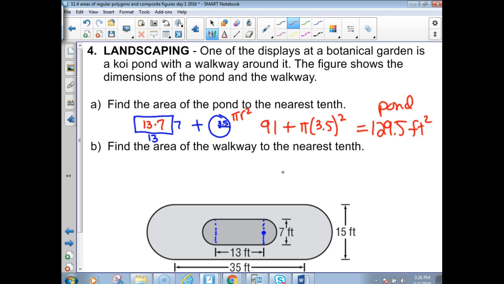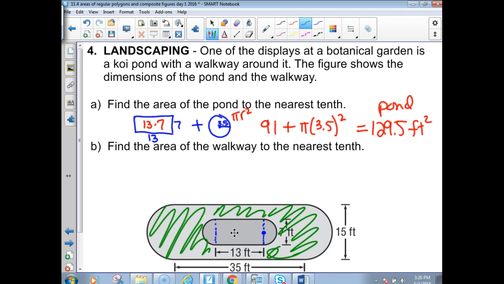Now, the area of the walkway we want to know. You see all that? This is the walkway. So what are we going to need to do? We're going to do the whole thing minus the pond. Okay? So let's do the whole thing, which would be a rectangle, which is 35 by 15, plus a circle, which has a radius of half of 15.